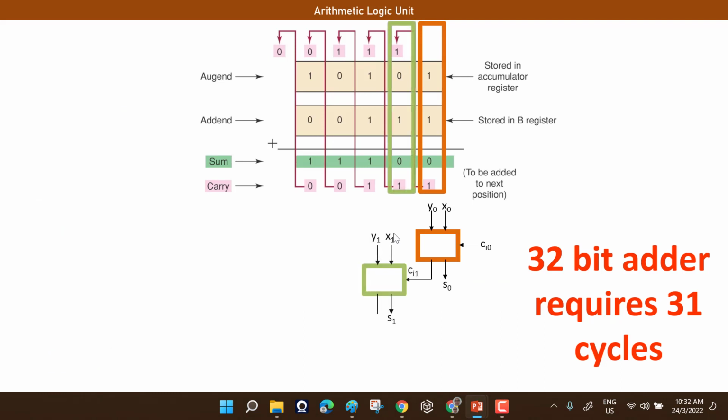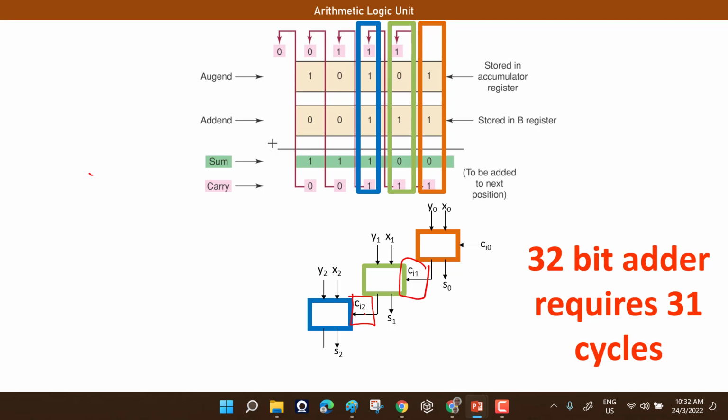Now, that being said, if I want to execute these functions at the same time, I need to predict what my C in for the first stage will be. If I want to do this addition, I must predict what my C1 at the second cycle is, and this will depend on C1 at the first cycle.